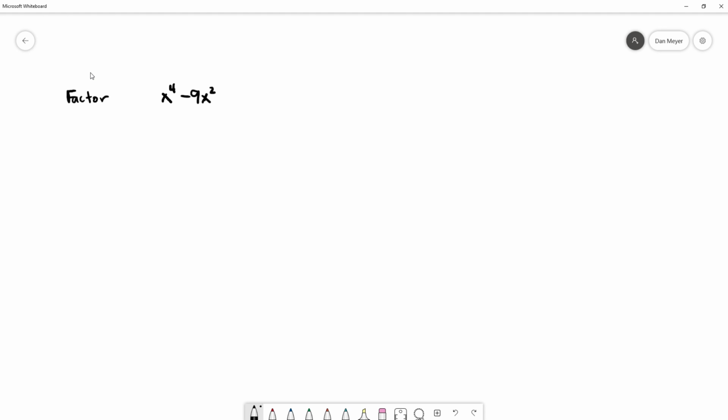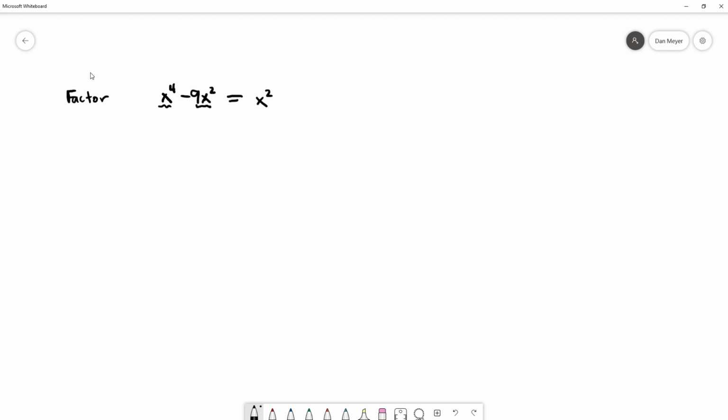Remember, I told you guys in class, the first thing you want to look for is common factors, GCFs. In this case, x squared is a common factor of both of those terms. I got 2 terms, the same as in the last problem. It's just that the terms are simpler.